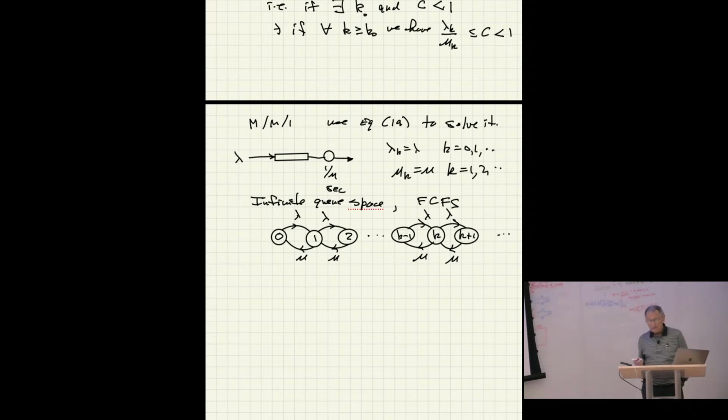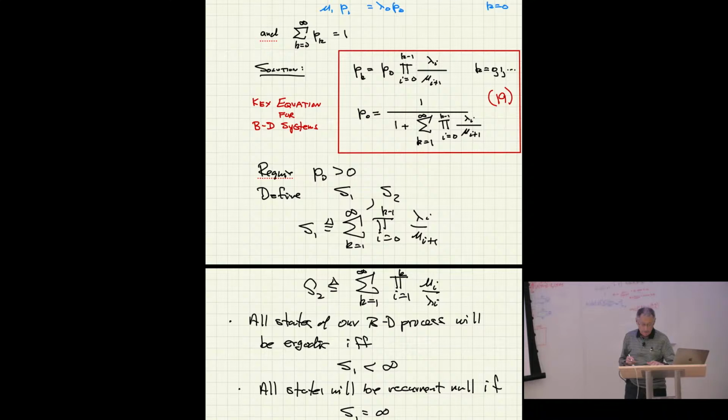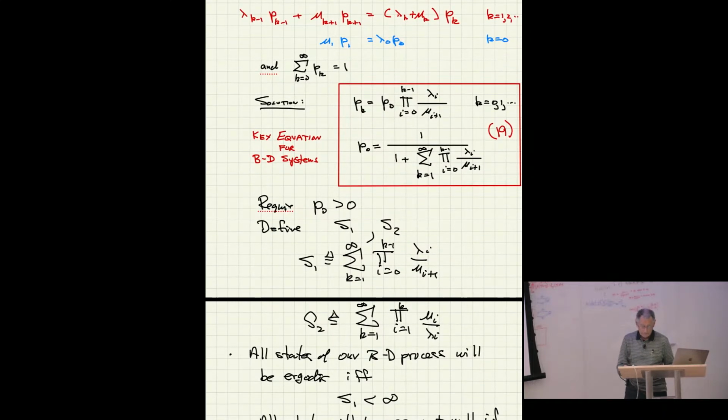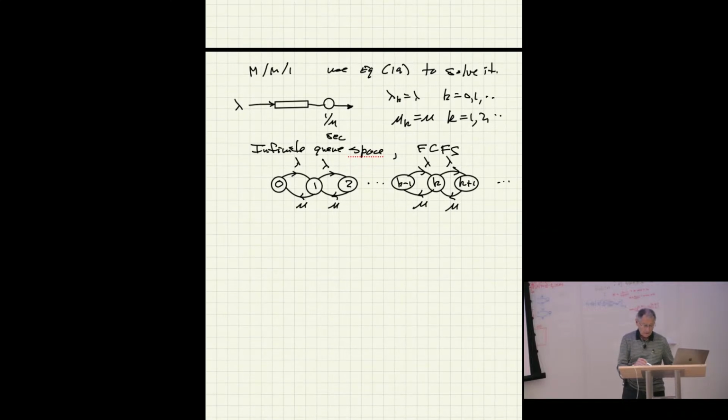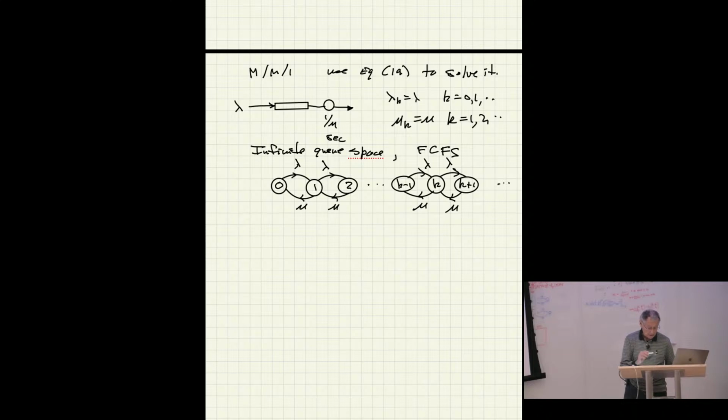Now, instead of writing down the balance equations, which I would do by the inspection method, and then trying to solve them, I've already got the solution. I showed it to you up here. It's equation 19. This line right here tells me what to do with those lambdas and mu's to find the p_k's. So let's do exactly that. So now I don't have to even use the inspection method here. Okay? So I'm going to plug into equation 19.